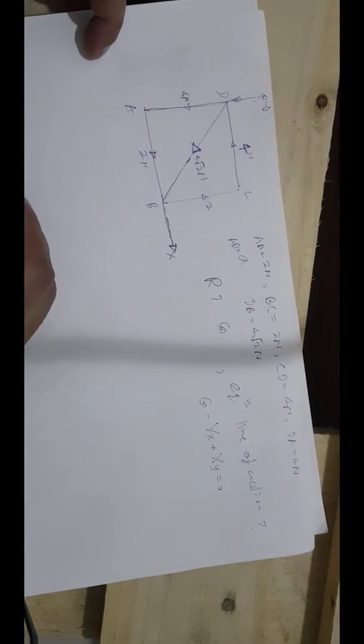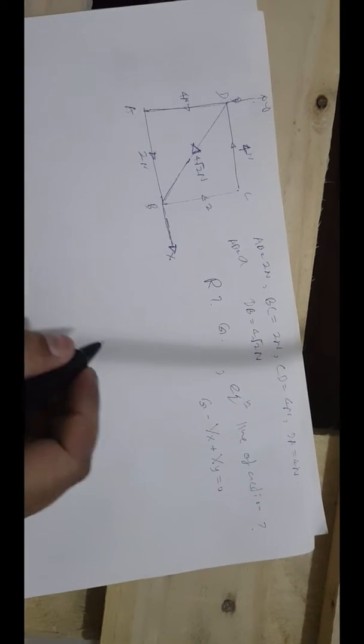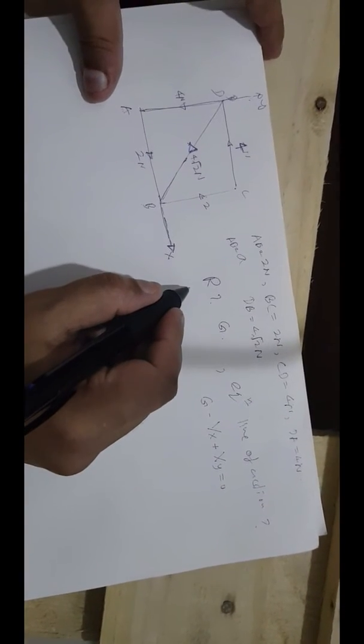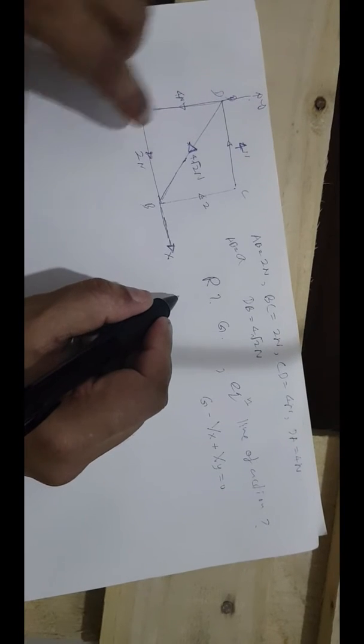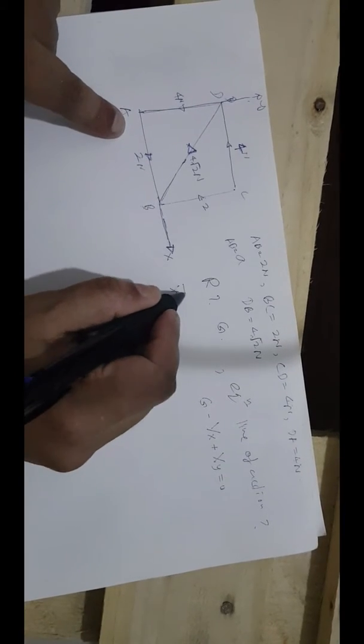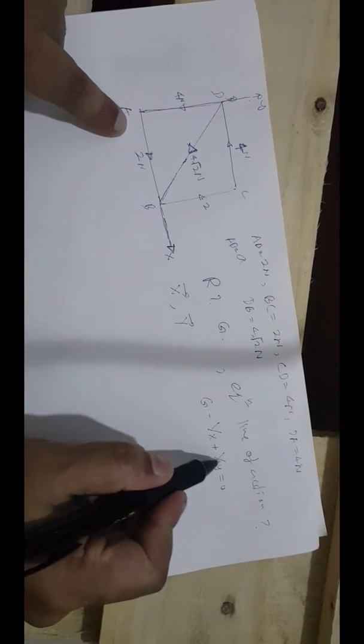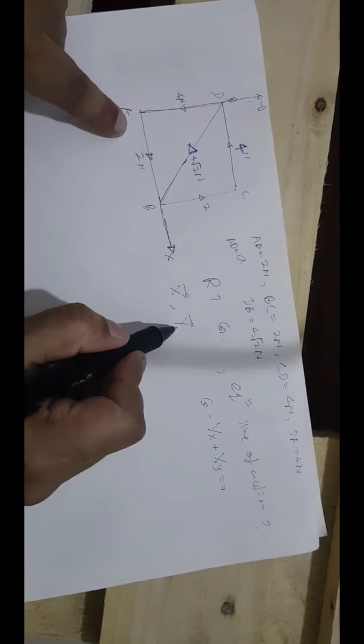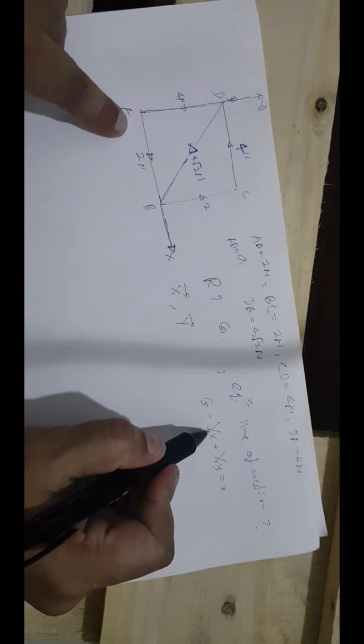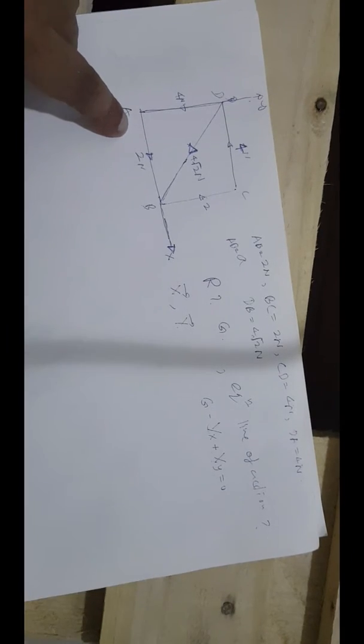This is the line of action. In order to find the resultant force, you need to find the components in the X direction and the Y direction. So this X is this, and the Y here is this Y. Make sure you are already familiar with it.